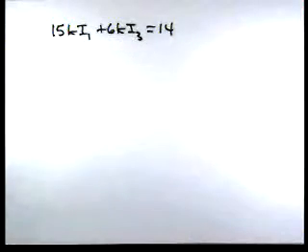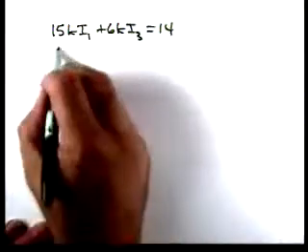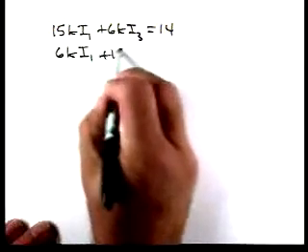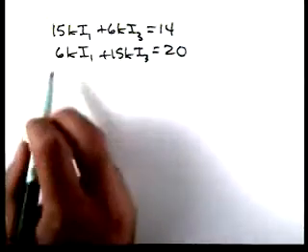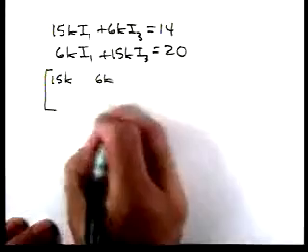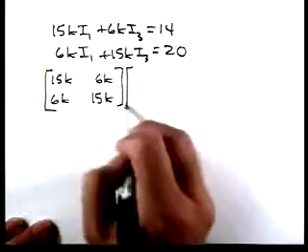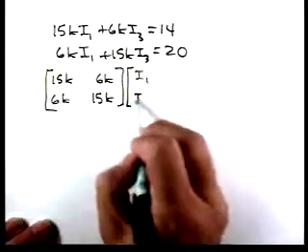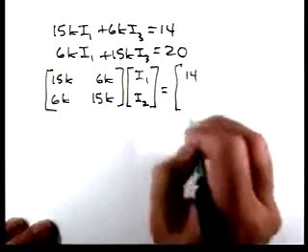And then making that same substitution into the third equation, we'll get 6K I1 plus 15K I3 equal to 20. So for entry into MATLAB, all I did was reduce the amount of data we have to enter. Don't have to do that.